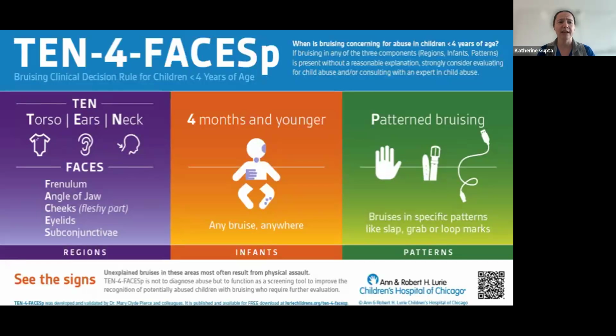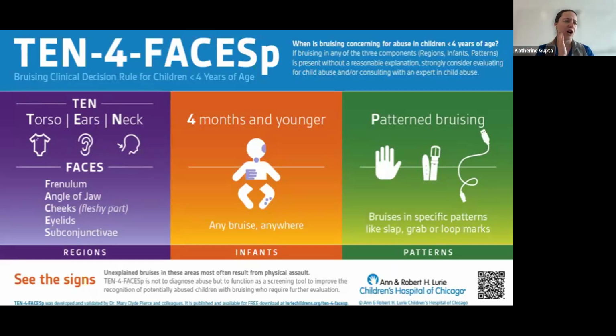This is difficult to get in young children by any type of accidental mechanism, and is often due to something being forced into that child's mouth. Sometimes a bottle or a pacifier has been forced into the child's mouth so that they won't cry or make a lot of noise. So the F is frenulum.